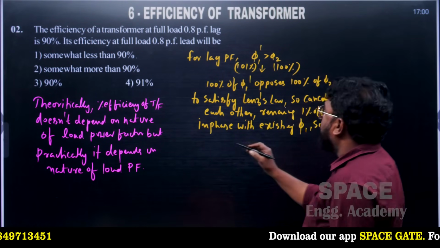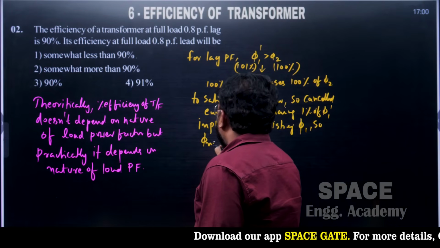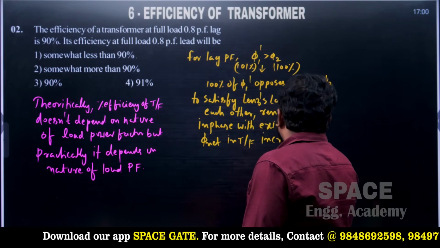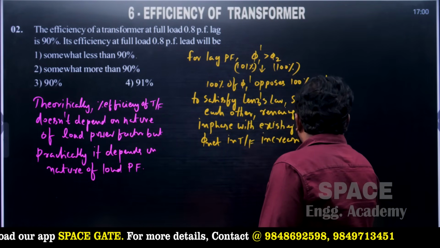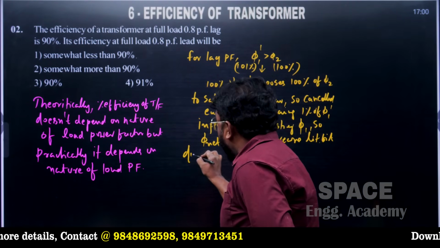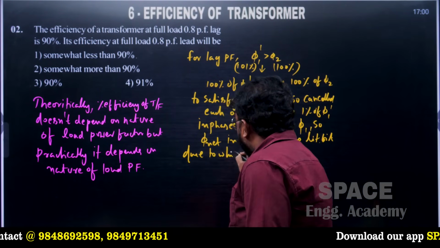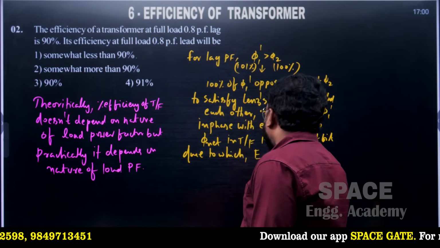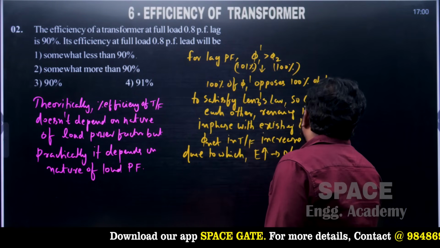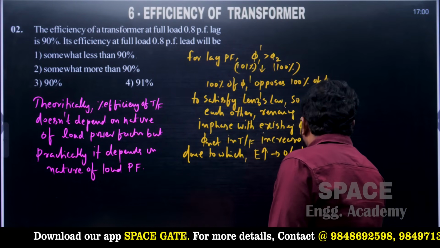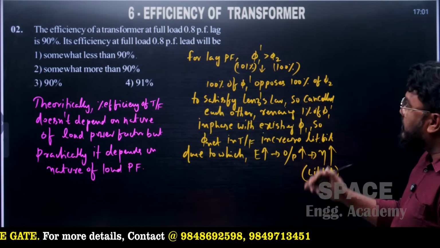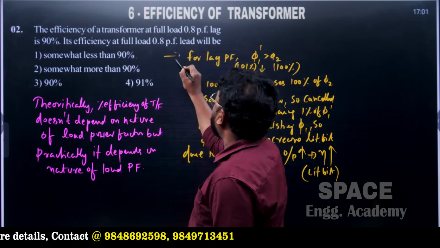So the net flux in the transformer increases a little bit, due to which the EMF increases, the output power also increases, and the percentage efficiency increases a little bit. This is at the lagging power factor condition.